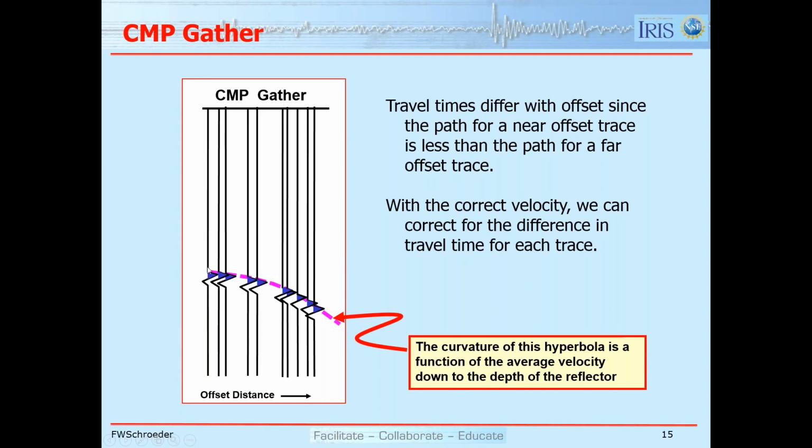We can estimate what that velocity is, and with that estimate, we can then apply a correction to correct for the delay, very little delay when the offset behind the shot is minimal, very significant delay when the shot and the receiver are separated by 4, 5, or 6 kilometers.